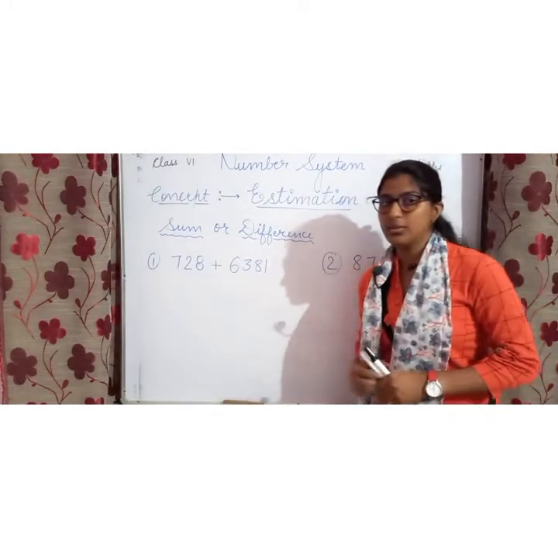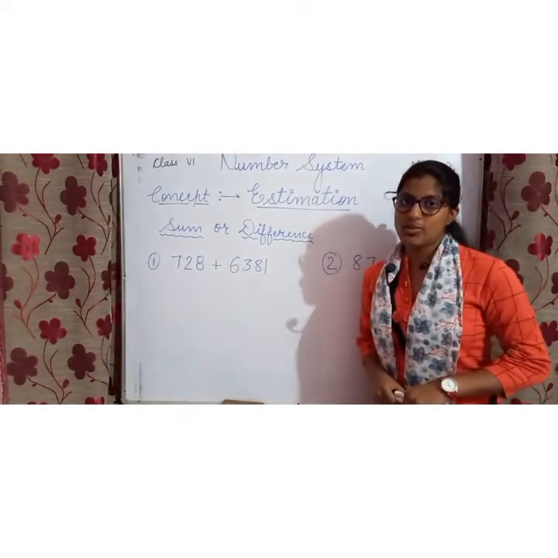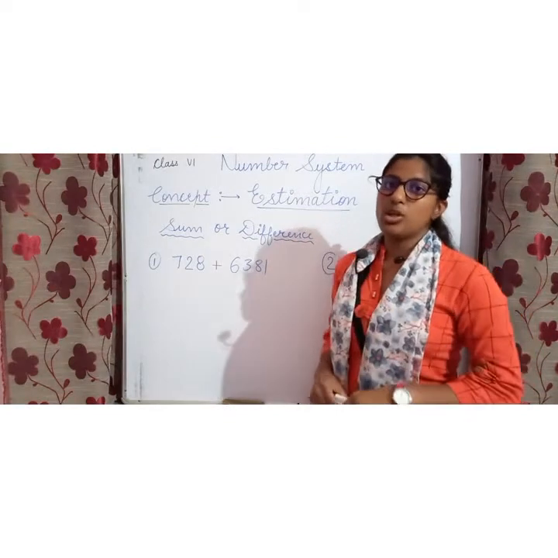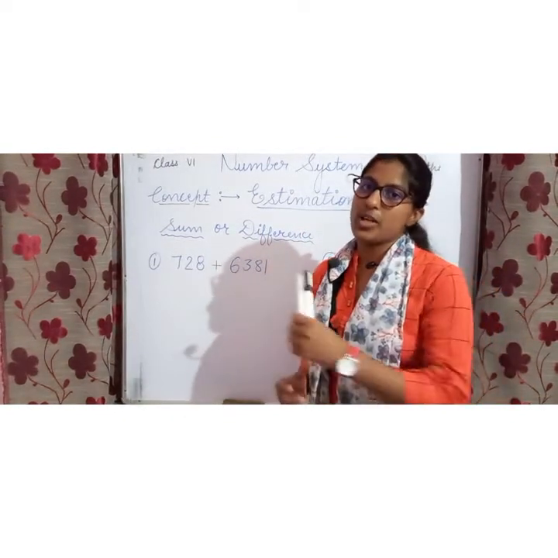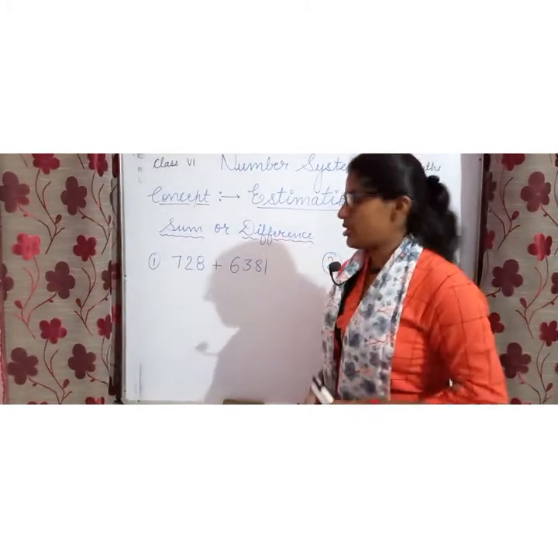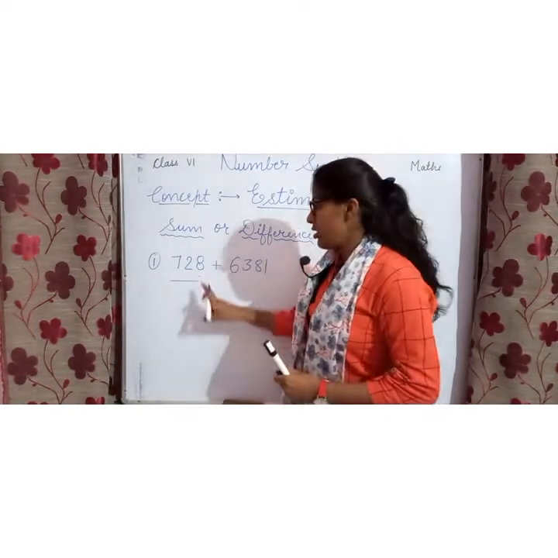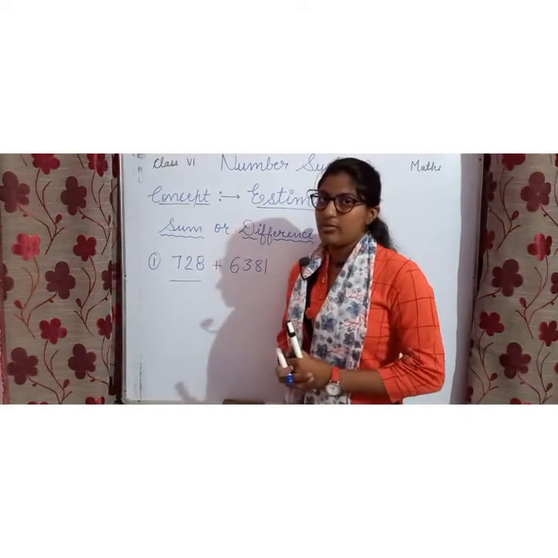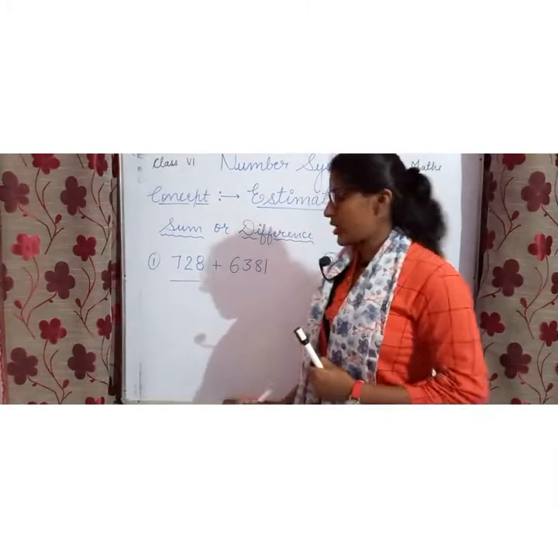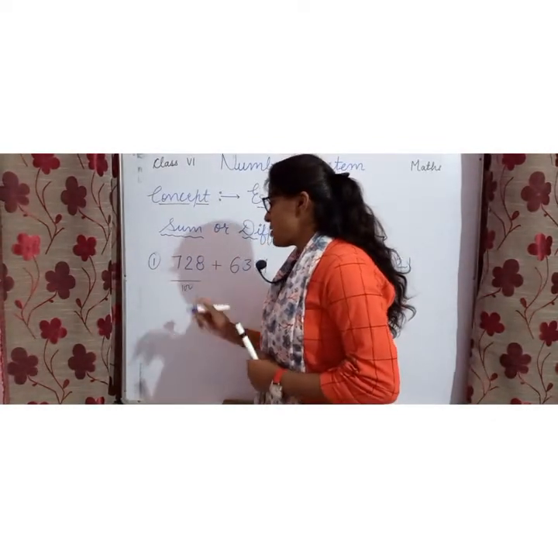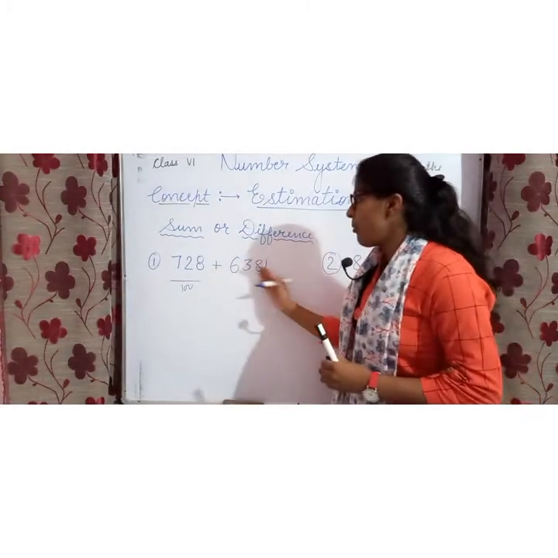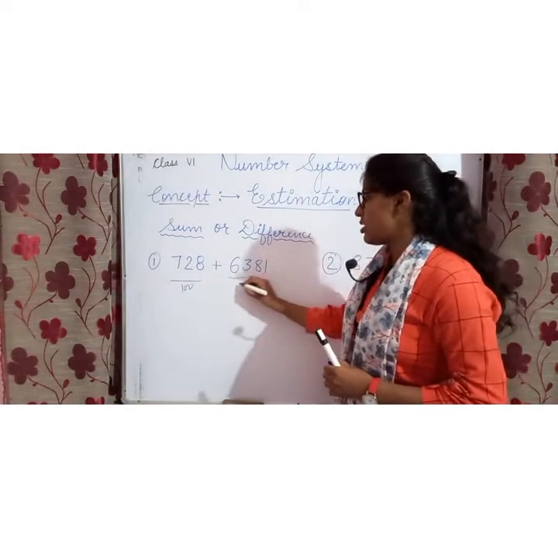Which one is smaller? 728 is smaller. Rule number 2, what is the greatest place value of the smaller number? In 728, the place values are ones, tens and hundreds. The greatest place value is hundreds. So we round off both the numbers to the nearest 100.